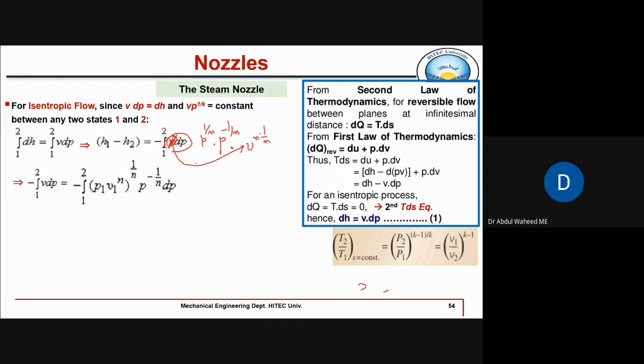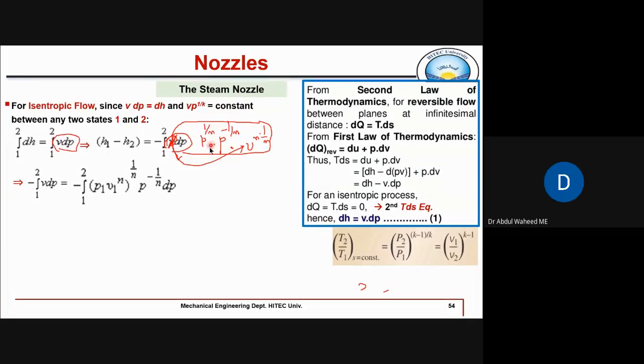Now it is written like this. So it is still VdP. This whole term is still VdP. This is V, this is dP. That is nothing. This one is P to the power 0 actually, 1 over n minus 1 over n. Clear? This equation is written like this. Yes, sir.